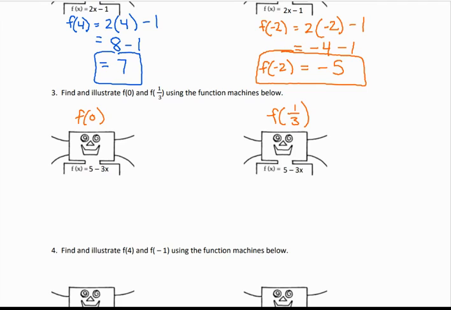For the first one, you're plugging in a 0. The second one, you're plugging in a 1/3. When you have those 2 answers, go ahead and put them in the private chat. You can just say whatever they are. Let's pretend they are 10 and 12. Put 10 and 12 into the private chat.